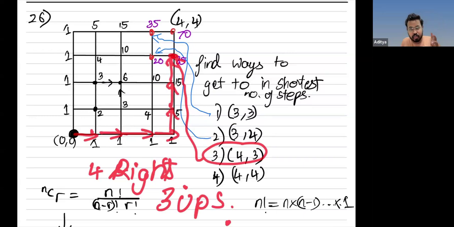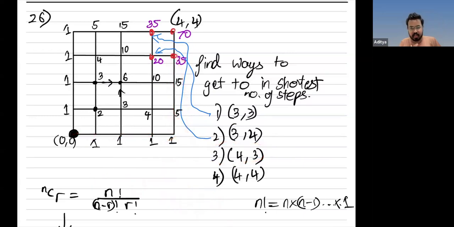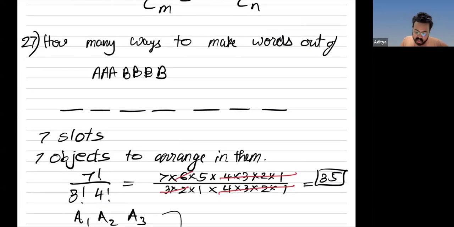Now think about it. If you were given the task to arrange 4 rights and 3 ups in a sequence to make instructions to go from the origin to this point, wouldn't that question coincide with this particular case where A's are ups and B's are rights?